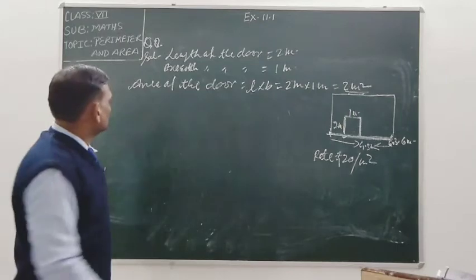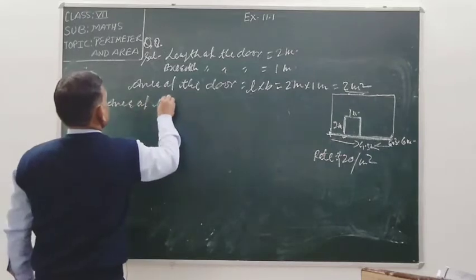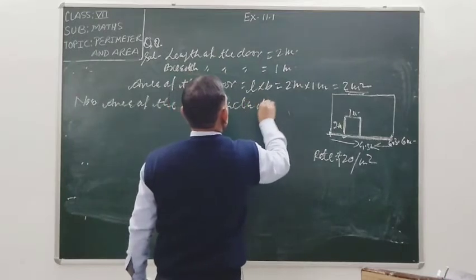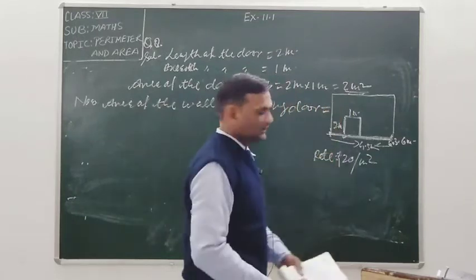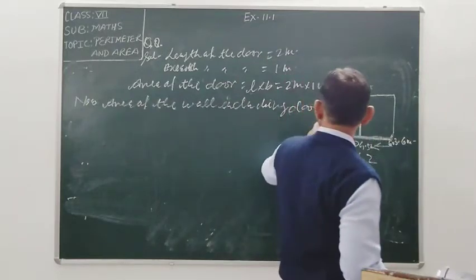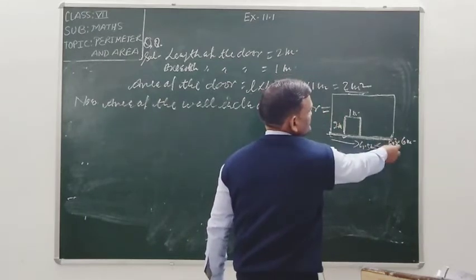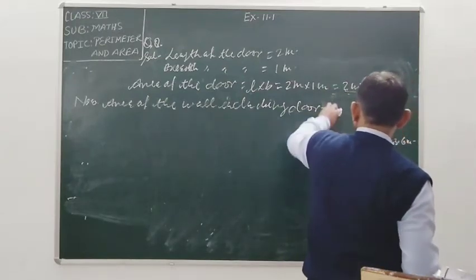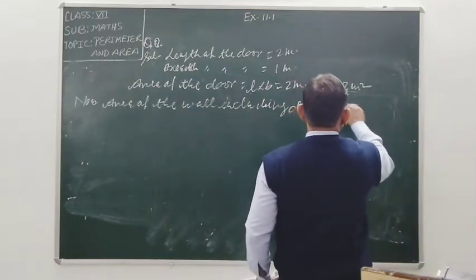Now area of the wall including door. What will be the whole area of this wall along with the door? So student, 4.5 and 3.6 meter is given as the length and breadth of the wall. Length into breadth.